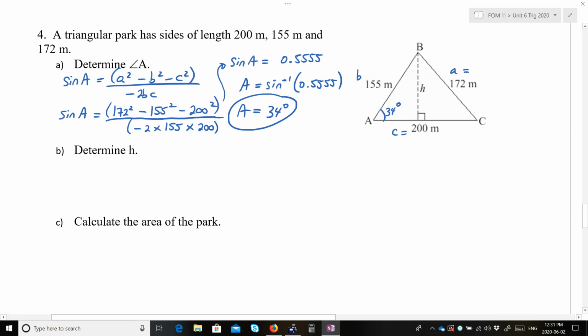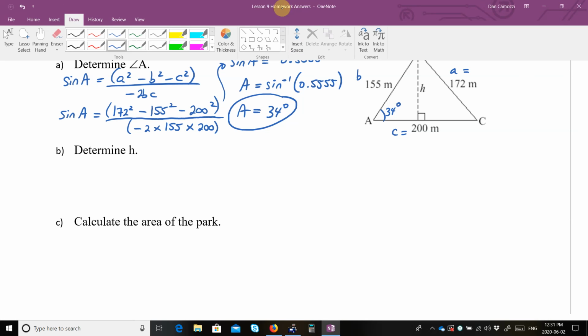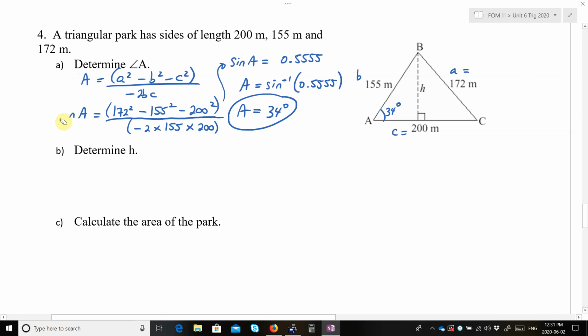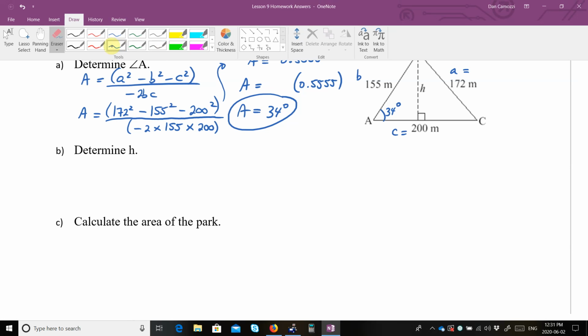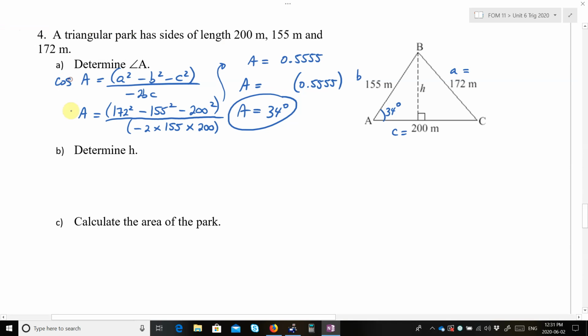Oh, haha, I made a mistake, didn't I? I was using cosine law, so these should all be cosines. Cos A is equal to all this. Sorry about that.